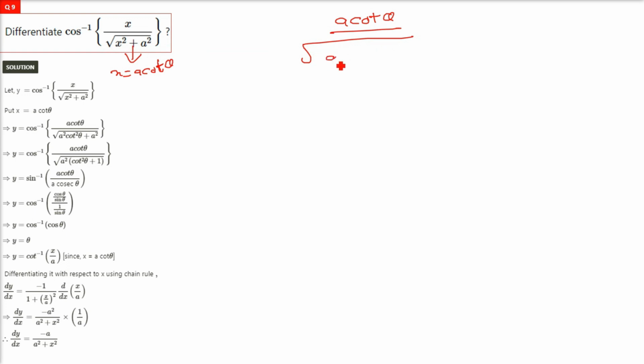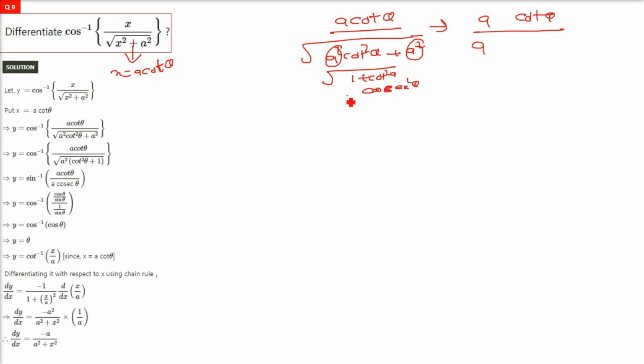Here x square plus a square, so x square will be a square cot square theta, and a square will remain like that. You can take a square common, so it is just a, under root 1 plus cot square theta, which is nothing but cosec square theta. Since it is under root, it will be cosec theta.